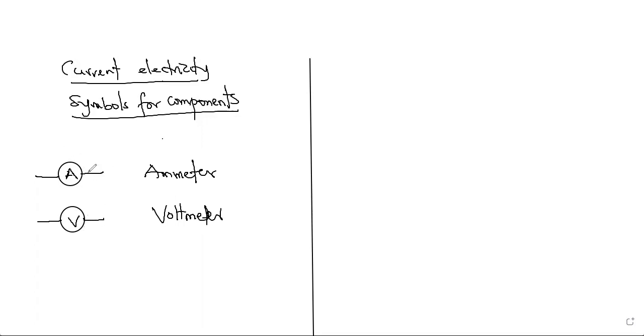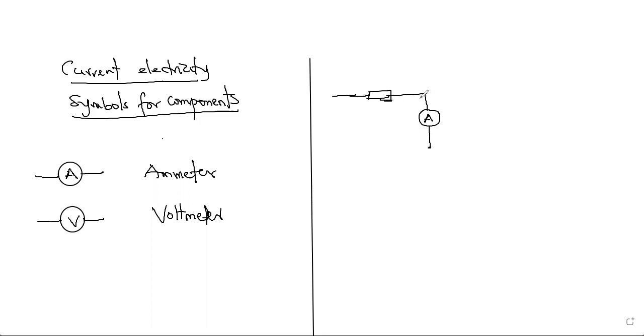An ammeter is usually connected in series in an electric circuit. What do I mean by series? You connect it along the wire in which the conductor or the resistor is connected. For example, if you want to measure the current through a resistor, you connect an ammeter in series with the resistor, something like that.